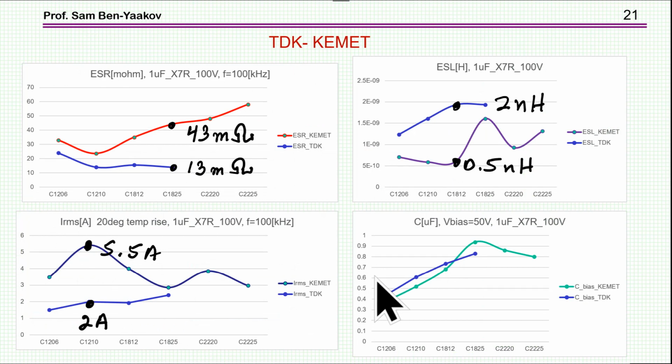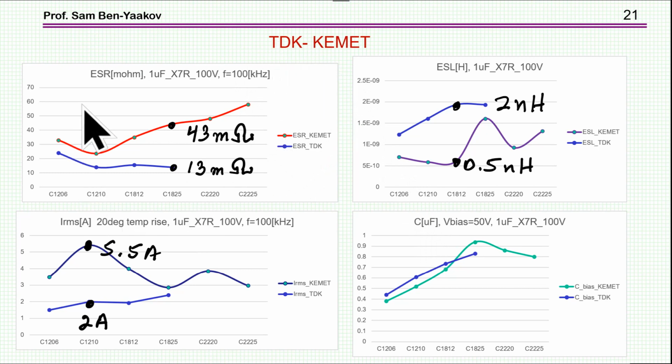And then I'm coming to another issue, which is consistency or inconsistency between manufacturers, okay? So we have the TDK and Kemet. All the above was for the Kemet. Now we are examining the TDK.